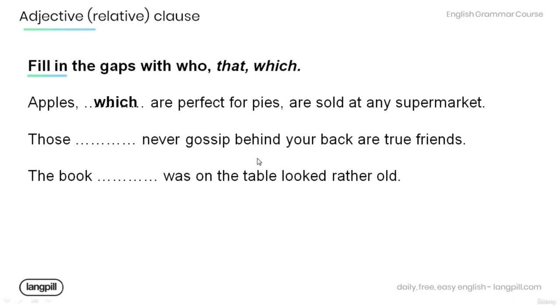Those never gossip behind your back are true friends. Those who never gossip behind your back are true friends. The book was on the table, looked rather old. The book that was on the table looked rather old.